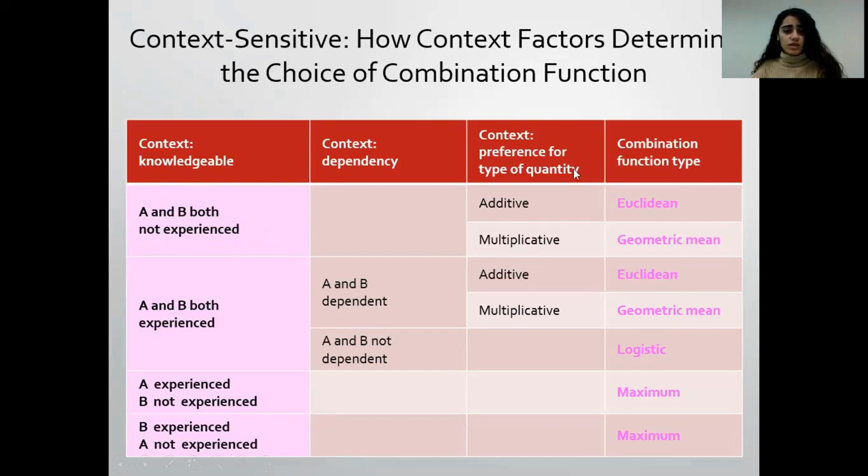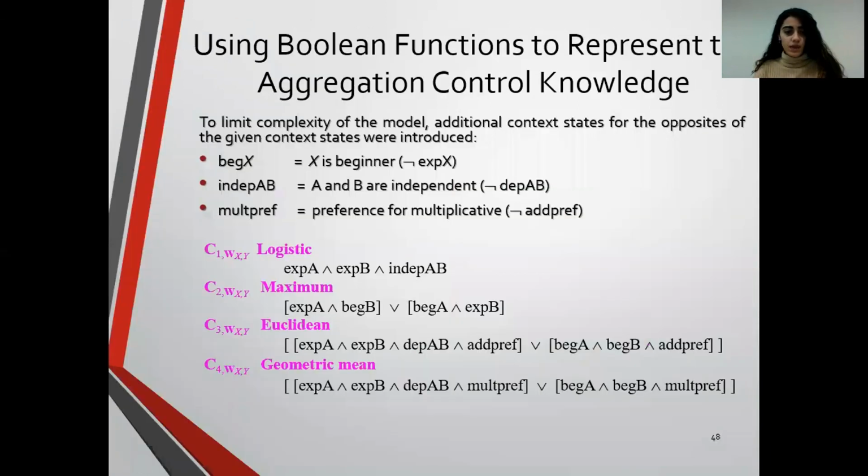We have these context factors: knowledgeability, dependency, and preference for type of quantity. For example, if A and B are both not experienced, and if they are not dependent, the combination function selection will be a logistic function. The model will do it itself.